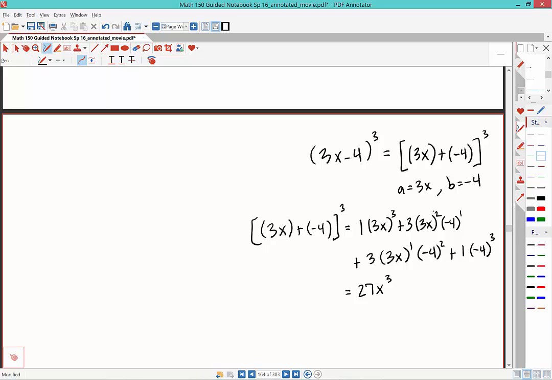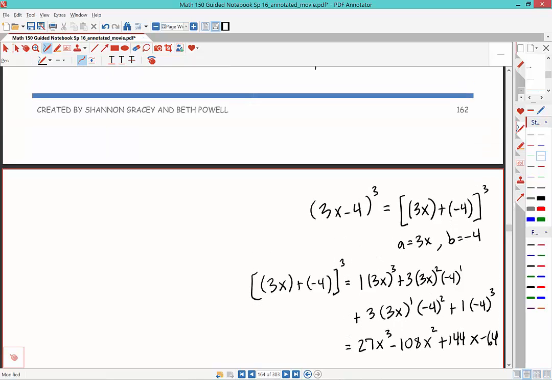And then we'd have what? 9 times negative 4 is negative 36. And negative 36 times 3, I think, is minus 108, and then x squared. Let's do that, 36. Yep, 108. And then we'll have, let's see, 16 times 9, I think, is 144 times x to the 1. And then minus 64.